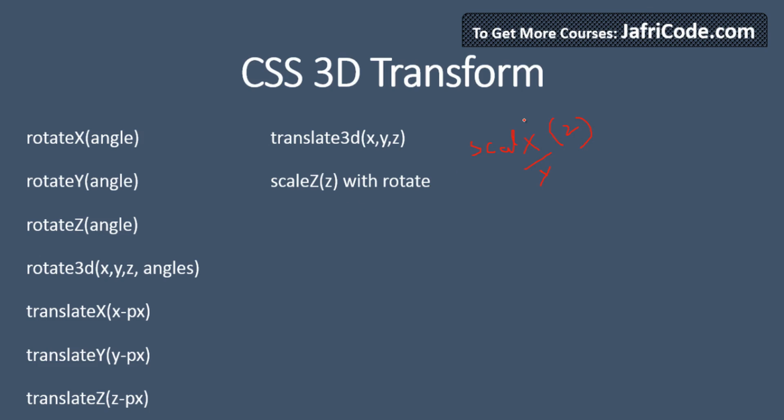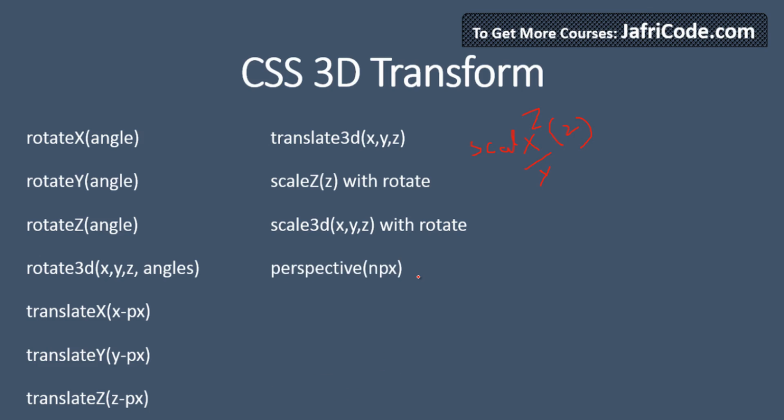If you mention z here and write a 2, you have to use a rotate property also with scaleZ. Another is scale3D. You can mention all three values, x-axis, y-axis, z-axis with the rotate attribute.